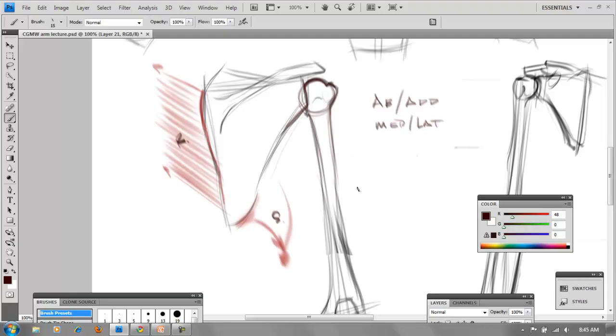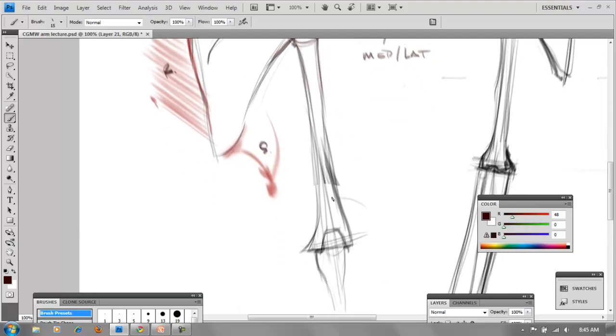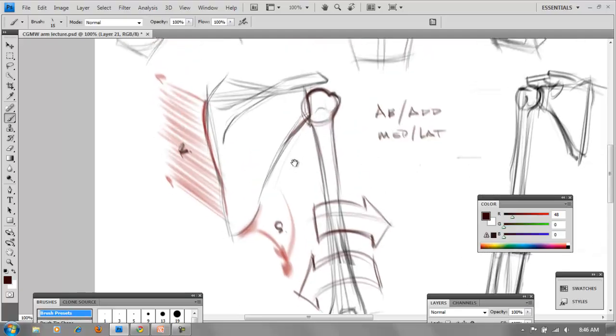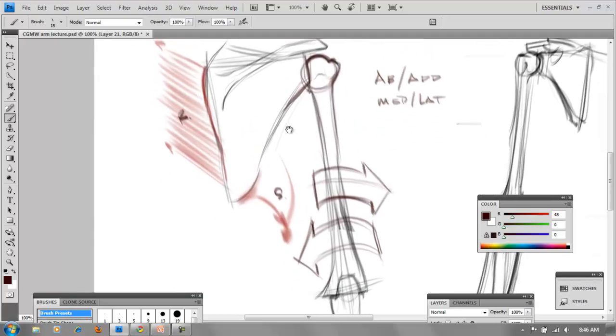We can have the arm spinning back, or forward. So that's a good amount of information for a few muscles in this area. So that's what we're going to try to focus on now, is how that's working.